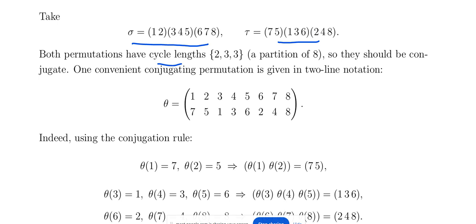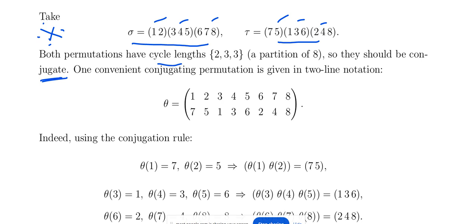So இதை பார்த்ததும் சொல்லலாம், ரெண்டுத்துக்கும் சேம் சைக்கிள் லென்த் இருந்ததுன்னா இந்த ரெண்டும் கான்ஜுகேட்னு அர்த்தம். இது ஒரு முக்கியமான ஐடியா, ஓகேவா? ரெண்டு பெர்மிட்டேஷனுக்கும் சைக்கிள் லென்த் சேமாக தான், இங்கே 2 3 3, இங்கே 2 3 3, ரெண்டு வேறு வேறு, ஆனால் இந்த சைக்கிள் லென்த் ஆர் சேம். அப்படி இருந்ததுன்னா கான்ஜுகேட் அப்படின்னு சொல்லலாம், இந்த சிக்மா டாவ் ஆர் கான்ஜுகேட்.